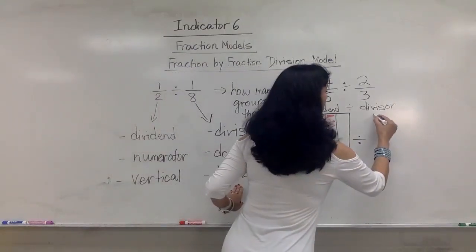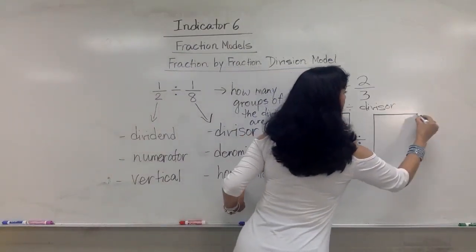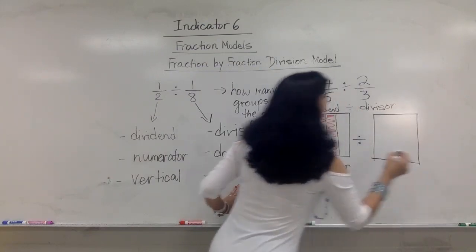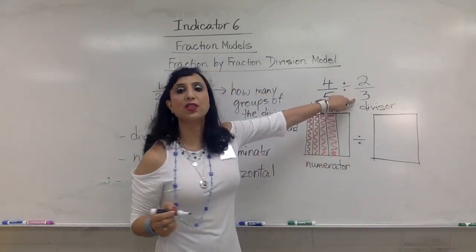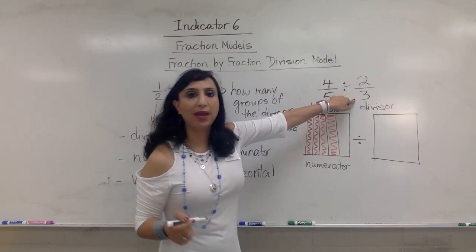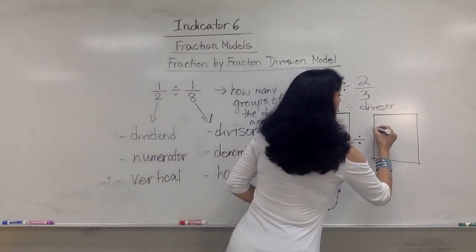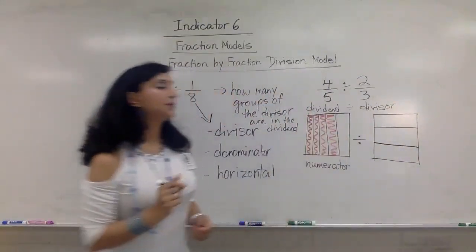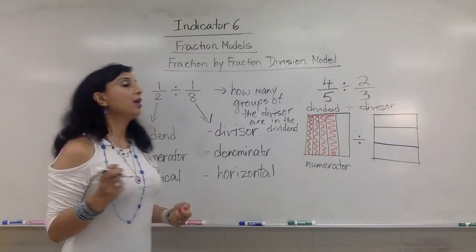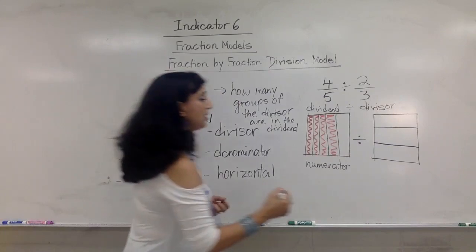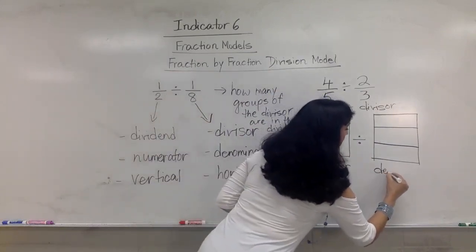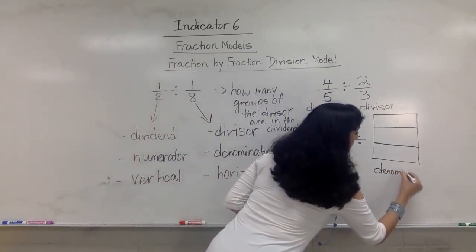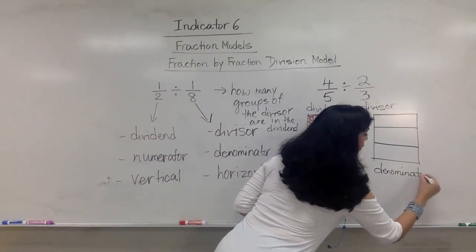Okay, so I make another rectangle. And since my denominator is 3, I'm going to make 3 horizontal rows like this. Okay? And this is my denominator of the fraction.